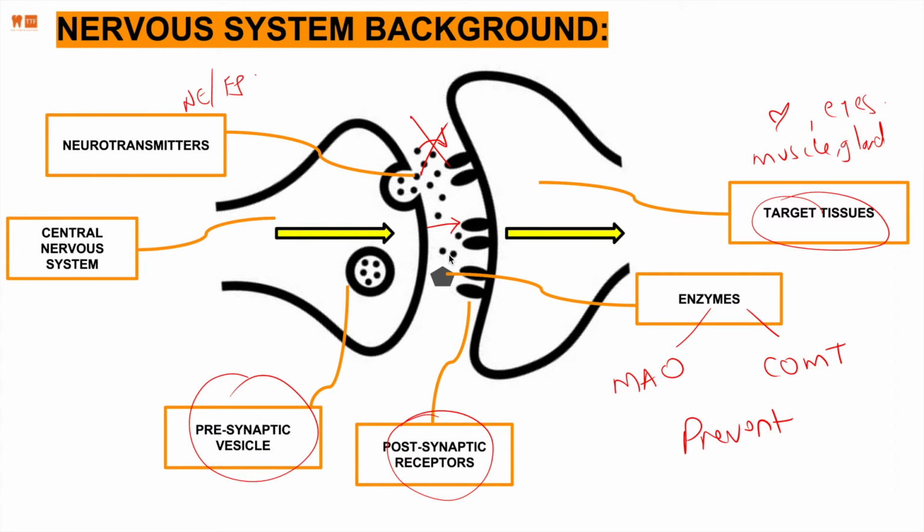In other words, they will break them down. Remember, anything that has "ase" in it, like monoamine oxidase, will break the neurotransmitter down. And then we know that these receptors right here are either alpha 1, alpha 2, beta 1, or beta 2.